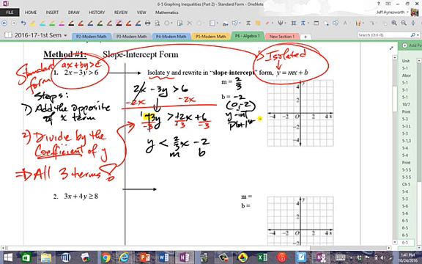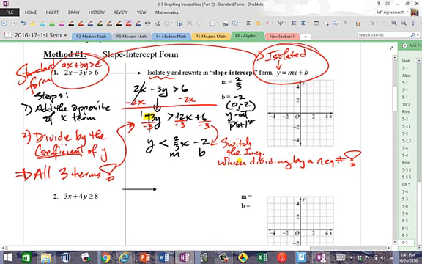Now let's review something and highlight something before we do all the graphing. When you divide by a negative, you want to switch the inequality. So let's put this in red. Switch the inequality, it's called an inequality, not a sign, when dividing by a negative number.